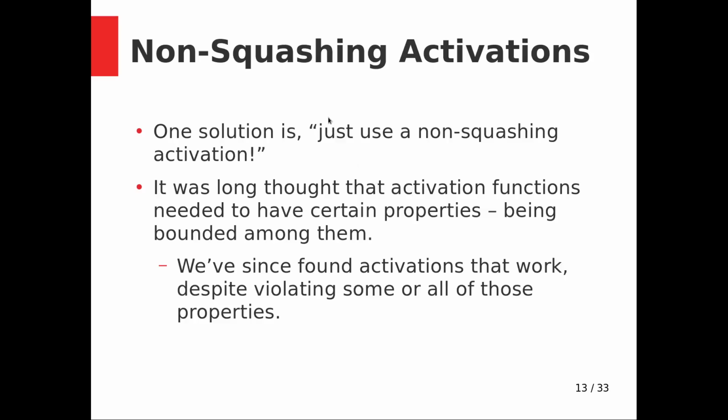Right, so if we have the vanishing gradient problem with all squashing activation functions, then one way to, if not solve, at least manage it is, let's just not use a squashing activation function, right? It was long thought that activation functions needed to have certain properties, being bounded among them.